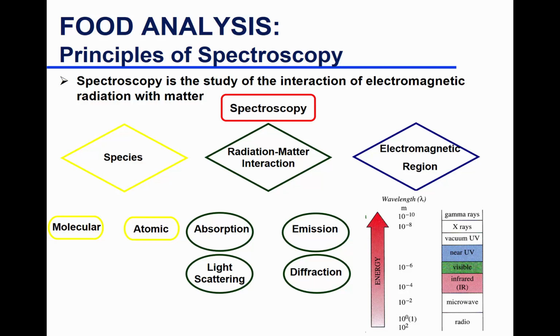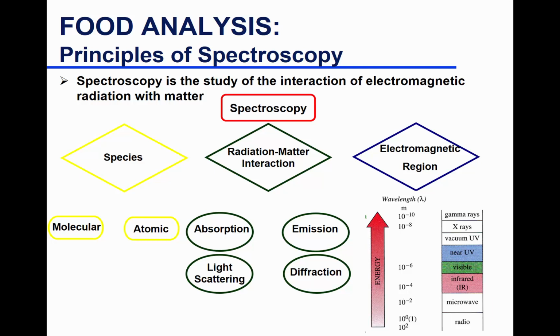Another important thing is the electromagnetic region. That means the wavelength at which we are monitoring the interaction with the matter. So you have radiation that ranges from radio, microwave, infrared, visible, UV, X-ray, gamma rays.